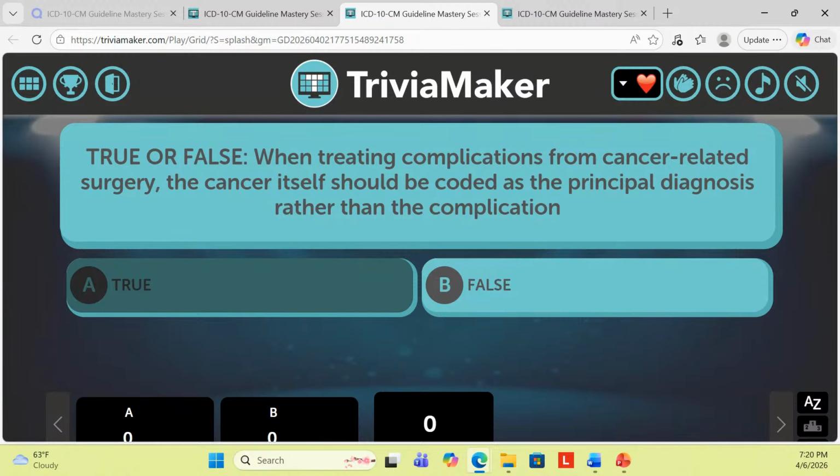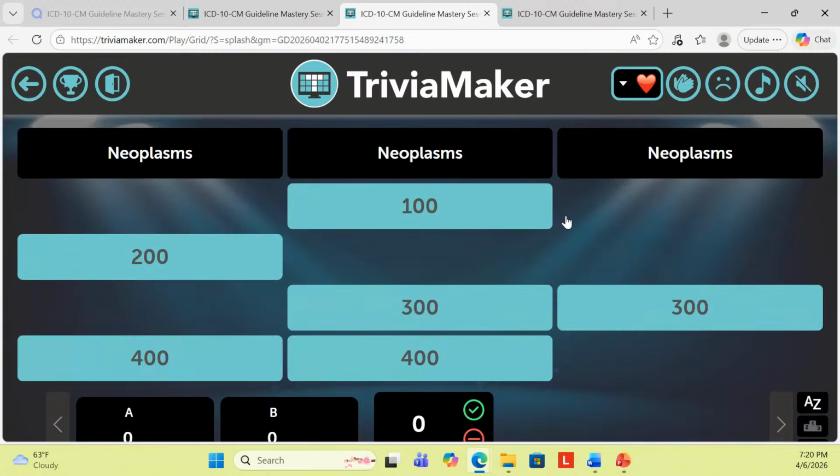Instead of the cancer being the principal diagnosis, it should be the secondary, and the complication should be first. That is what makes that one false. So if you got that one right, great investigative coding. Keep up the great work. All right, let's move on to a 401.